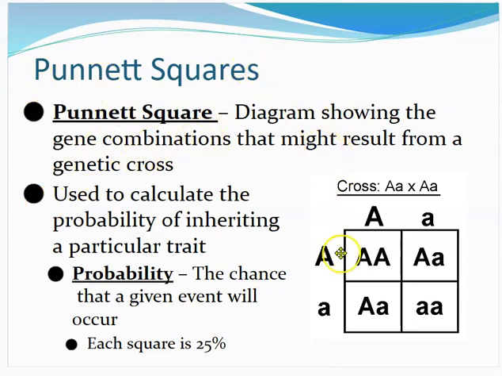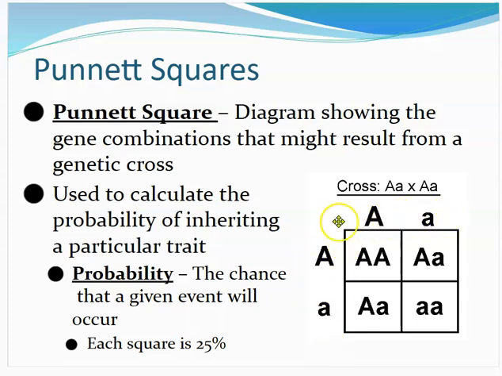The Punnett square is a diagram that shows the gene combinations from both parents and what the potential results might be in genotype for the offspring. In order to do this, it gives us a probability, or the percentage chances, of inheriting a particular trait. If we look at this Punnett square here, you can see that it's a square with 4 smaller squares inside. We have 1 organism on the top and 1 on the side.